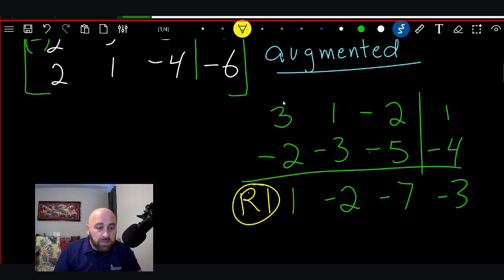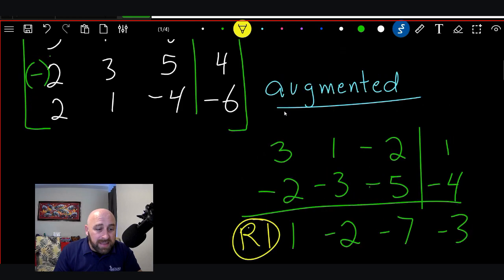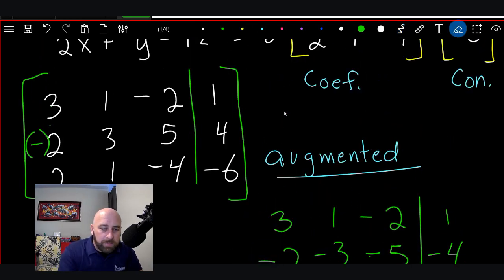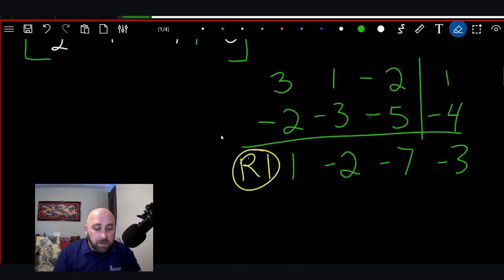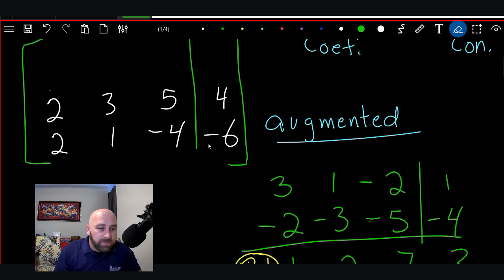Okay, so let's rewrite our matrix using that for row 1. I'm just going to replace this row number 1. I'm going to erase all these that are in row number 1, and I want to put my new row number 1. Why am I putting my new row number 1? Because it has 1 in the first spot. So I'm going to replace it.